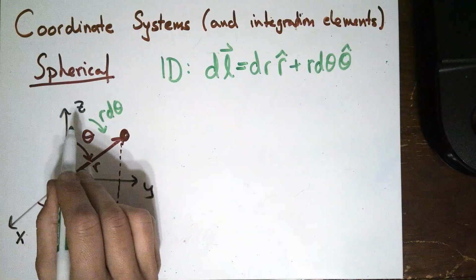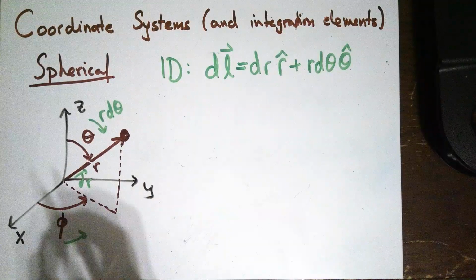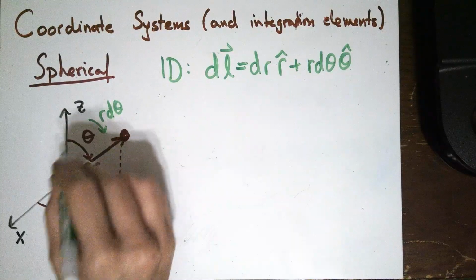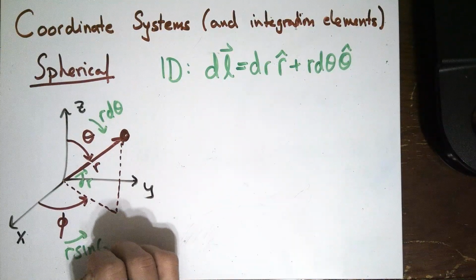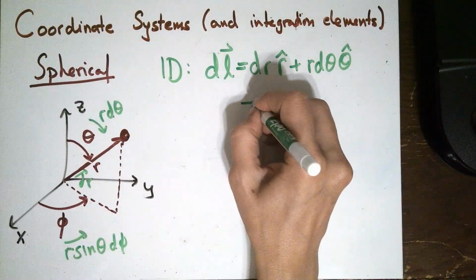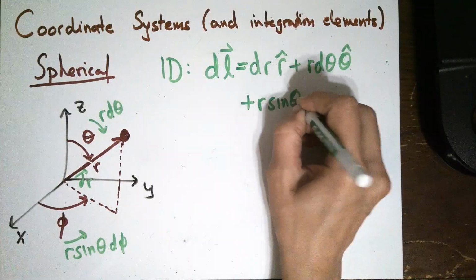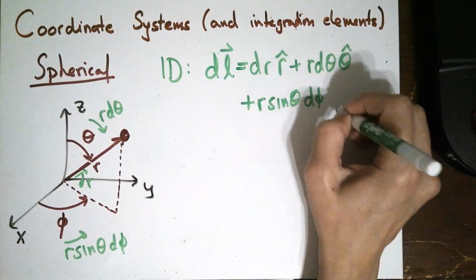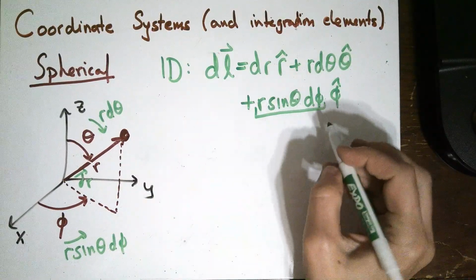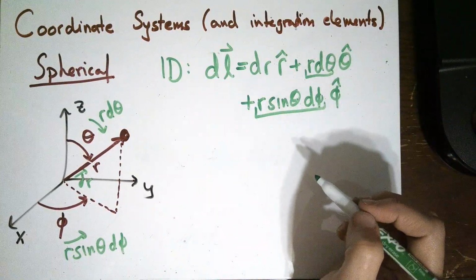You can walk all the way around the circle in a much smaller length than you can here. So this one is going to depend on r, but also on theta, like the sine of theta. So the last length element here is r sine theta d phi, and that's in the phi hat direction. That guy is the length element for theta.